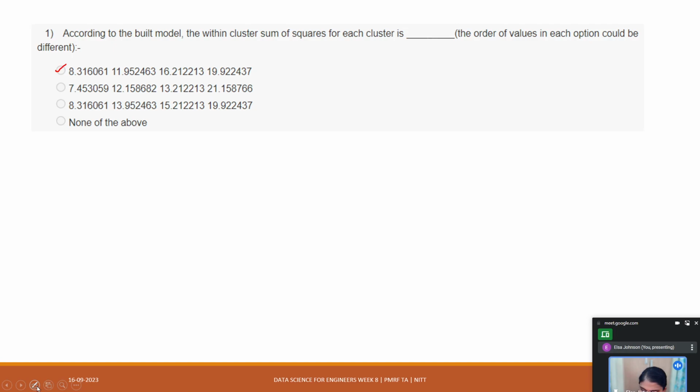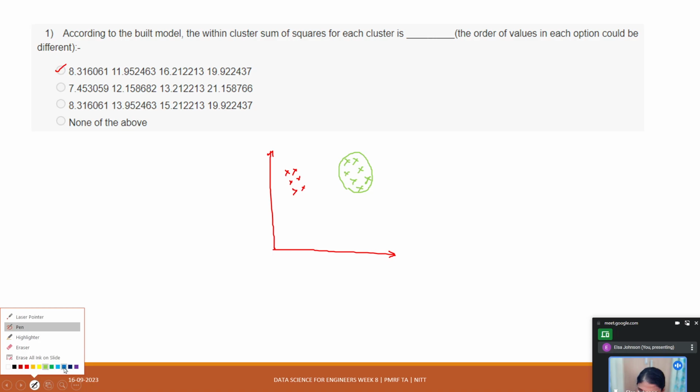Just to explain this one, in this particular case you will be having 4 clusters. For example, I am making a very clear demarcation here, but real data will not be like this. I'll put it in different colors.